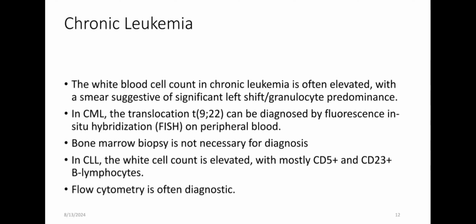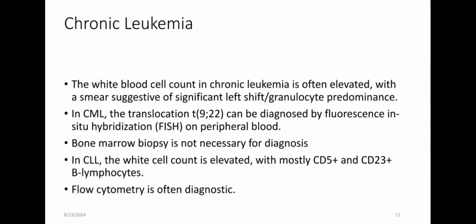Chronic leukemia. The white blood cell count in chronic leukemia is often elevated with a smear suggestive of significant left shift or granulocyte predominance. Such a picture is commonly seen during acute illness, but if it persists upon repeat labs, chronic myeloid leukemia should be evaluated. In CML, the translocation t(9;22) can be diagnosed by FISH, fluorescence in situ hybridization, on peripheral blood.